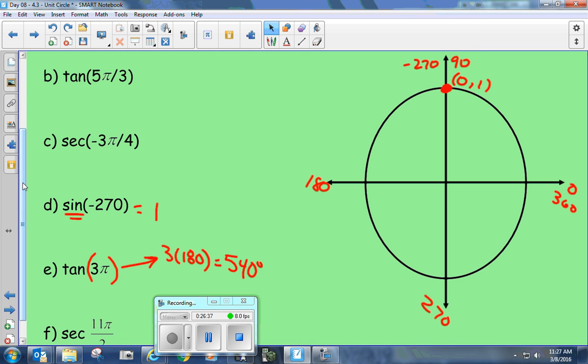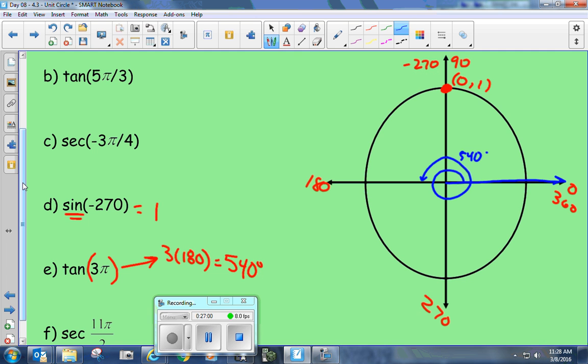Well, here you go. If I started here, this is my initial side. I go around once, that's 360. I go here, that's 450. Then I go here, that's 540. That's a full circle and another half of the circle. See what I'm saying? That's 360 plus 180. So that would be 540.